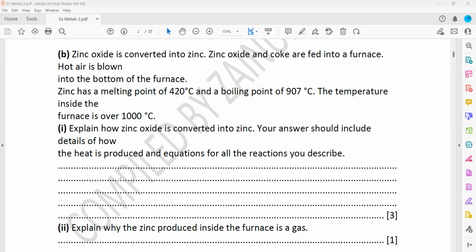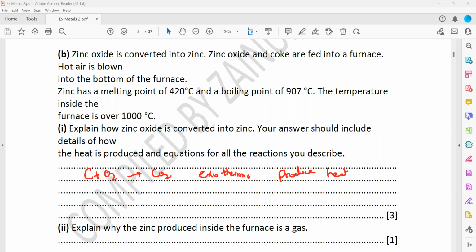So first, how heat is produced. Carbon reacts with oxygen, gives off carbon dioxide. The reaction is exothermic, which produces heat. That is one thing. Then what will happen?